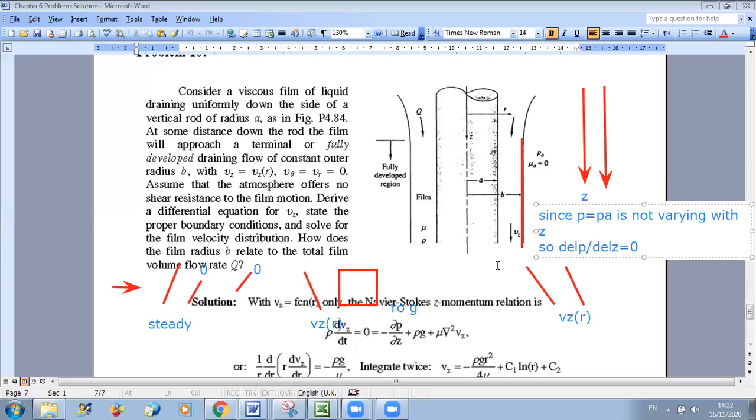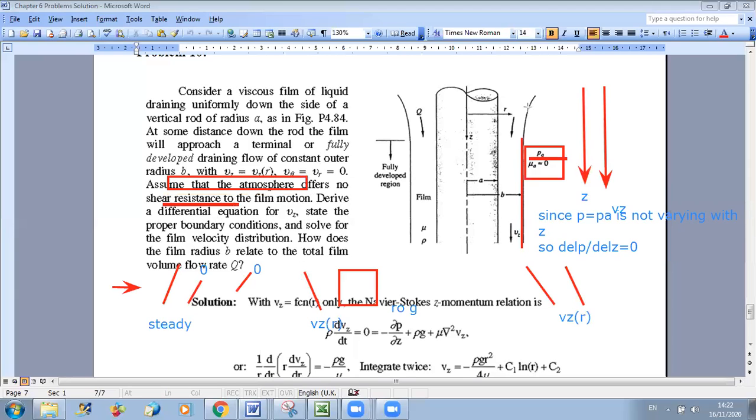Now where did they say this? Look, it's written here. You have PA at the atmospheric level. They put PA, so constant pressure, and we neglect the shear because they said that viscous shear resistance is neglected. And they said also that it's exposed to the atmosphere.